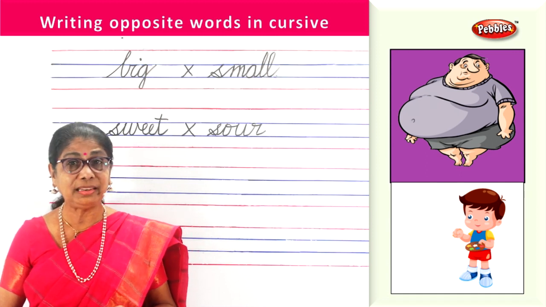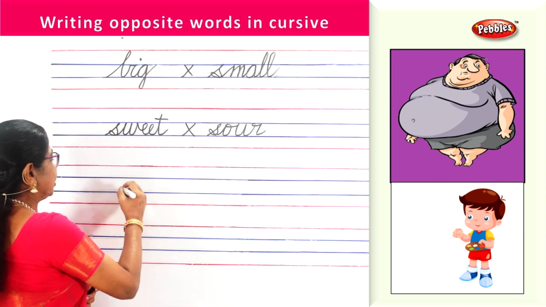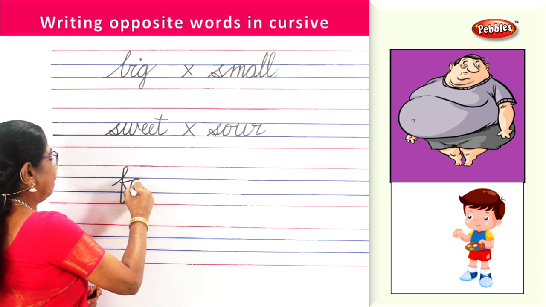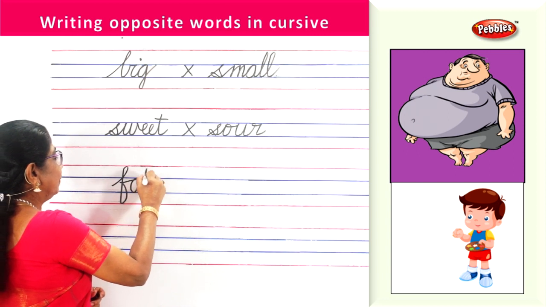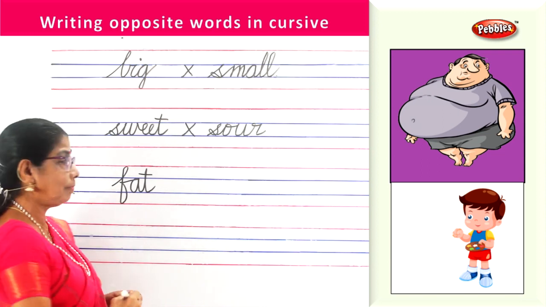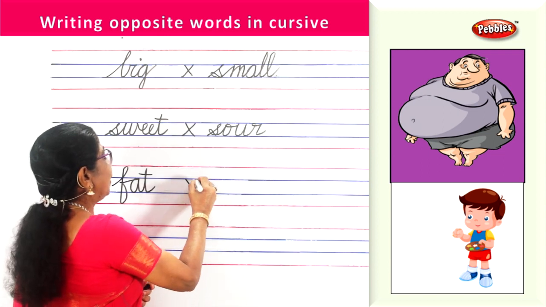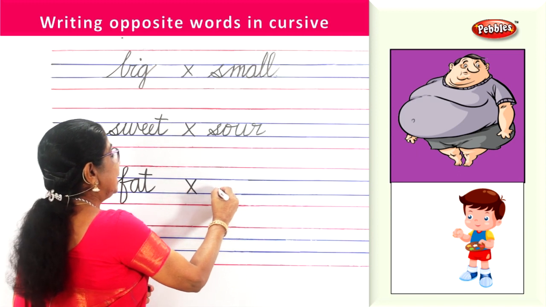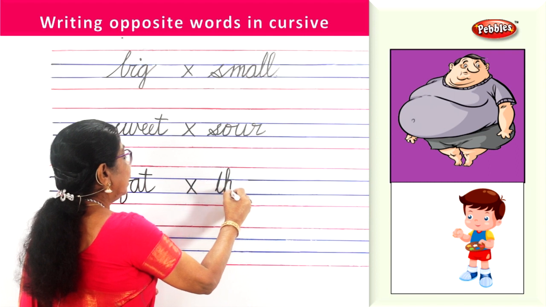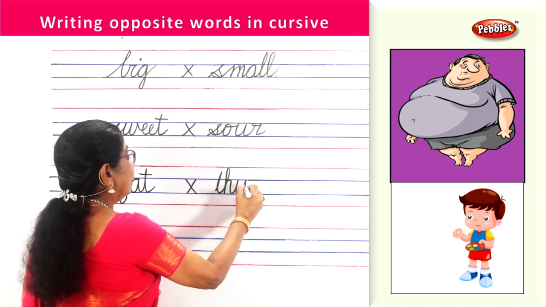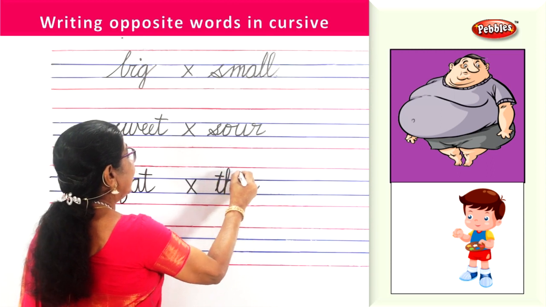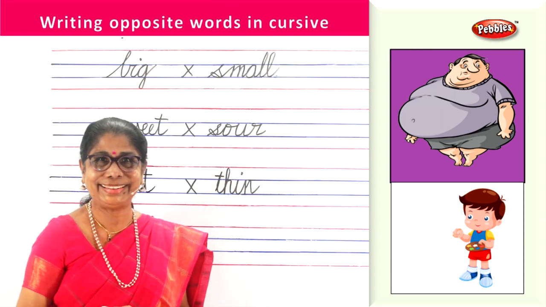Alright, spell fat, F-A-T, fat. Tell me an animal that is fat. Elephant, yes. Fat. Spell thin, T, H, I, N, thin. Fat, thin.